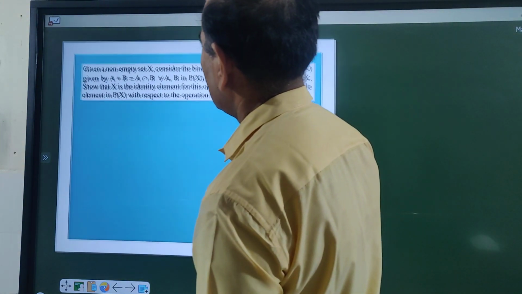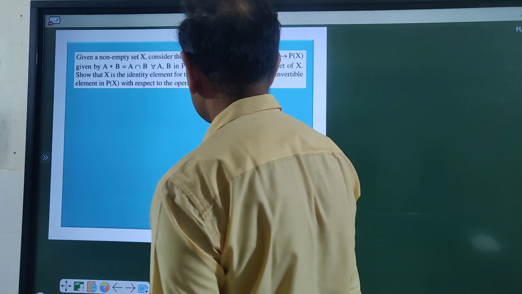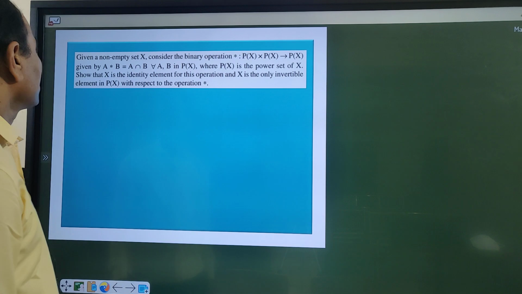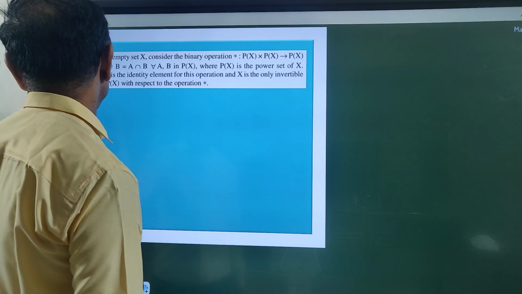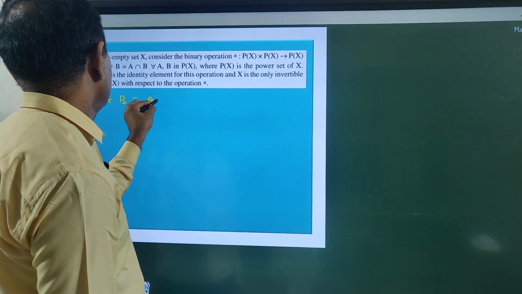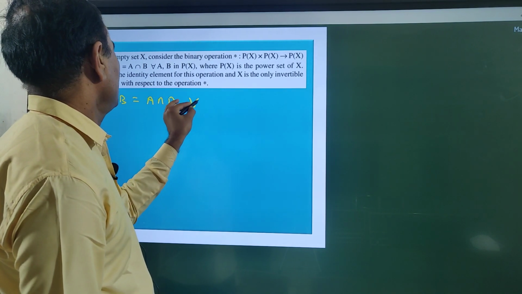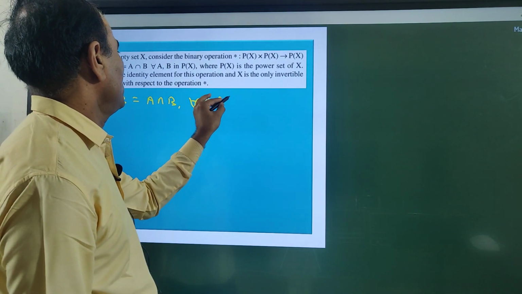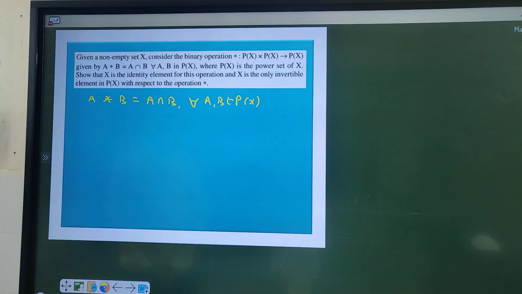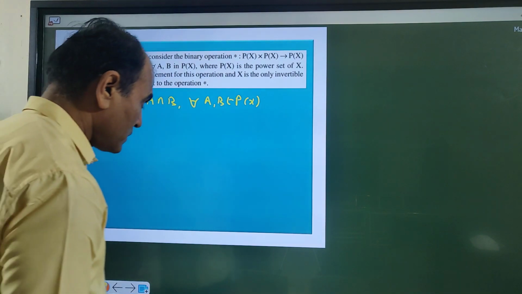See here. Now it comes in terms of binary operation. See, for a non-empty set X, here A star B is equal to A intersection B for all A, B belongs to P(X). It's a binary operation, but we can prove it also. How?